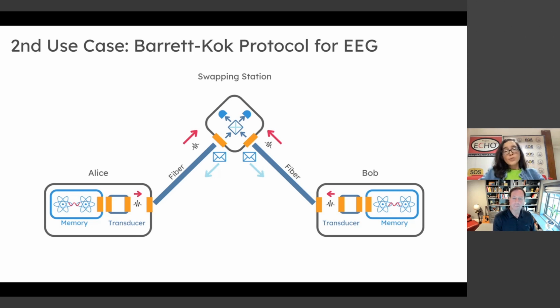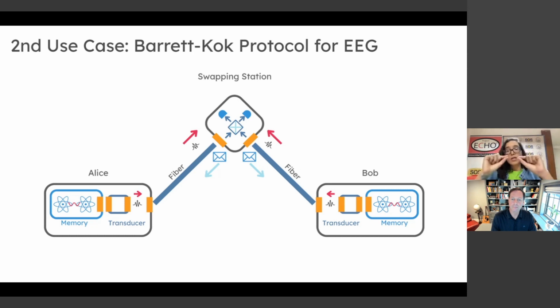So to understand a little bit what we're going to be expecting to see in the visualization, let's talk a little bit about how the Barrett-Koch protocol works. This is a 2-round protocol. In the first round, Alice and Bob are going to achieve a local entanglement between their pairs of qubits, and then they're going to send 1 qubit to the mid station over the fiber.